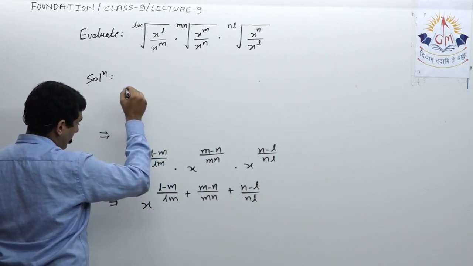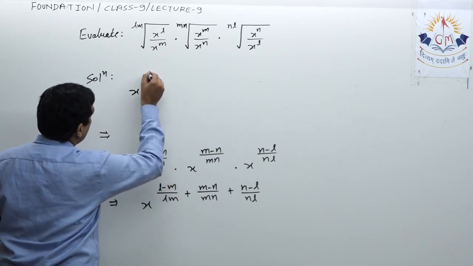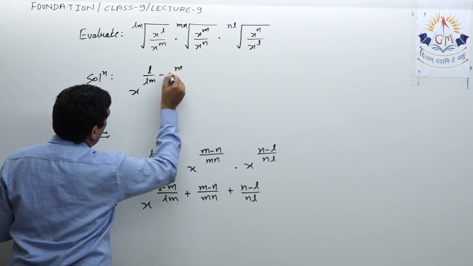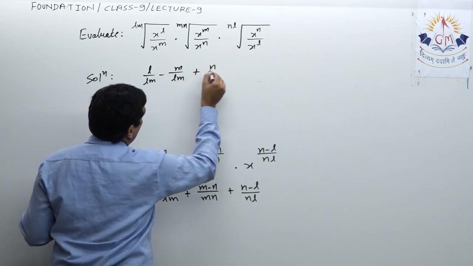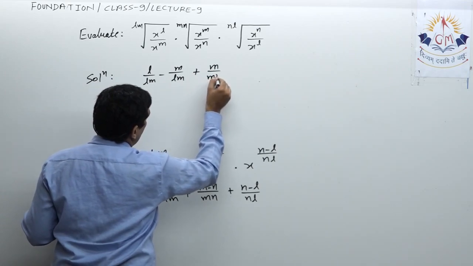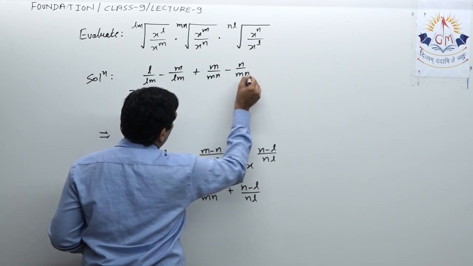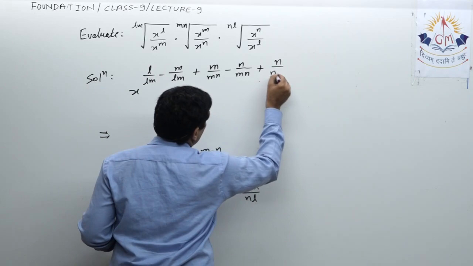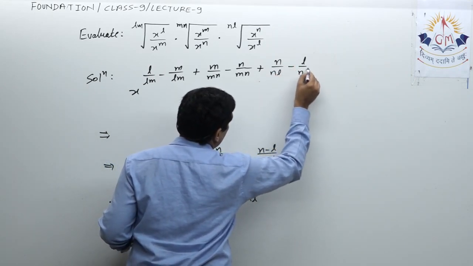See, here I can write x raised to L upon LM minus M upon LM plus M upon MN minus N upon MN plus N upon NL minus L upon NL.